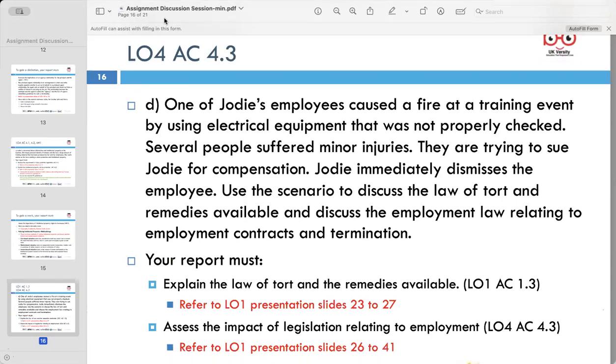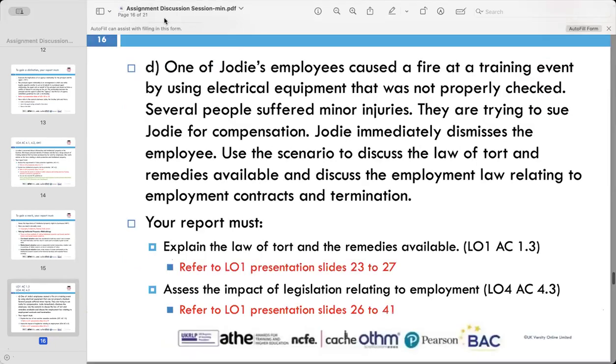But in this situation it says electrical equipment that was not properly checked. Yes, that's my question. If in this case, it is defined as one simple line: fire at a training event by using electrical equipment that was not properly checked. So who is responsible to do the check?